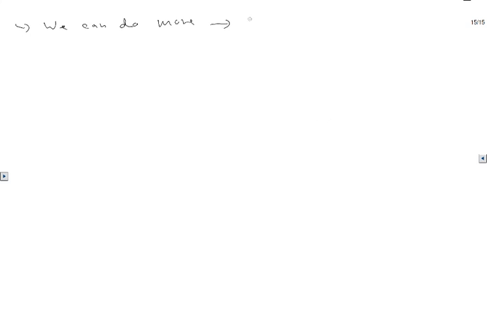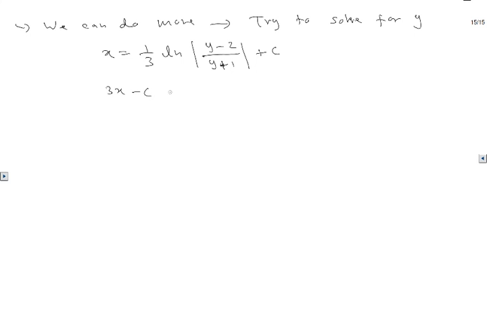So what we're trying to do is solve for y. Let's start with x equals 1/3 ln|(y minus 2)/(y plus 1)| plus C. Then you can multiply by 3, so it's 3x minus C equals ln|(y minus 2)/(y plus 1)|.